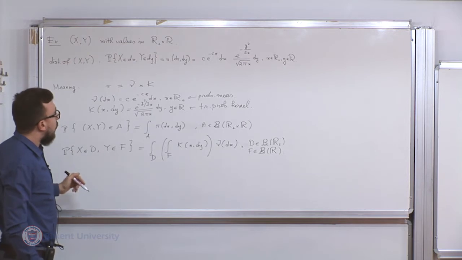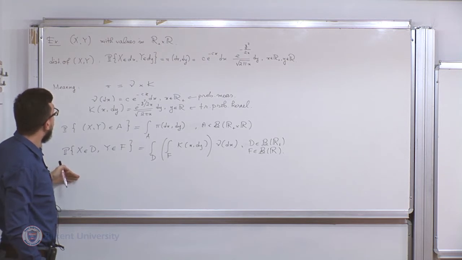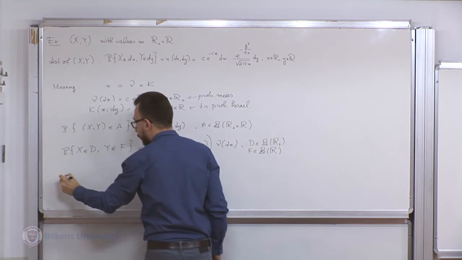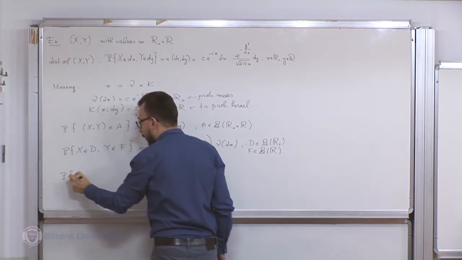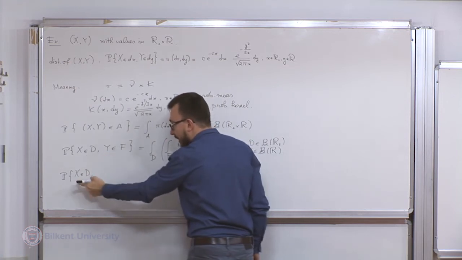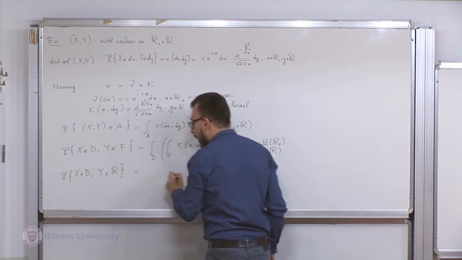So one question we can answer very easily is the distribution of X. What is the distribution of X? Well, for this, we can just look at the probability that X is in some set, and then Y is simply anything.